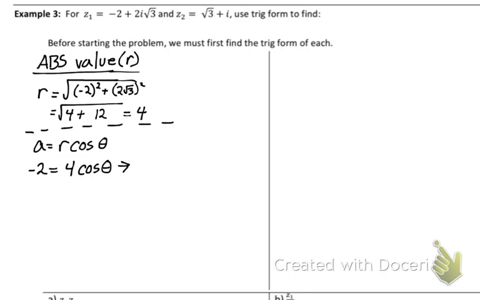Rewriting that, I would divide both sides by 4. We'd have negative 2 over 4 equals cosine of theta. Do cosine inverse of both sides, and you're going to see that theta is going to equal cosine inverse of, I'm just going to change that to negative 1/2 instead of 2 over 4. Doesn't matter, you could have left this 2 over 4. You're letting your calculator do the work anyway.